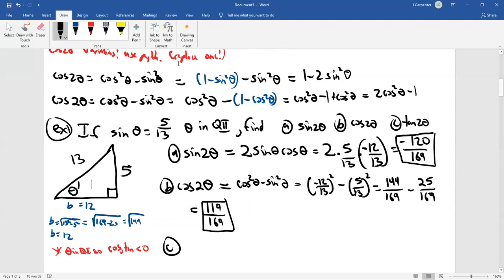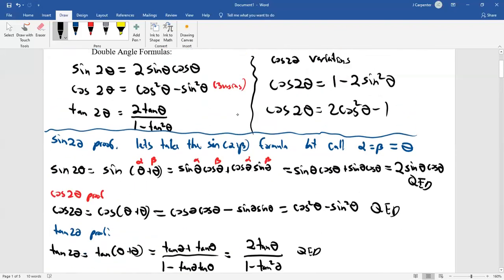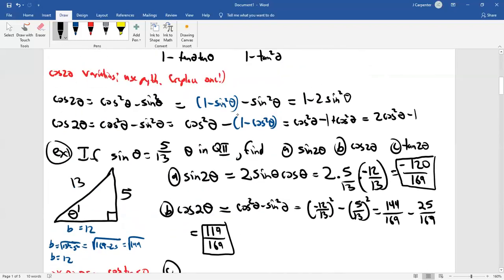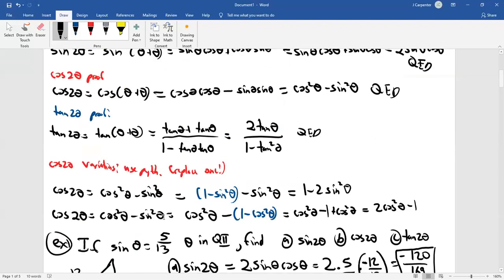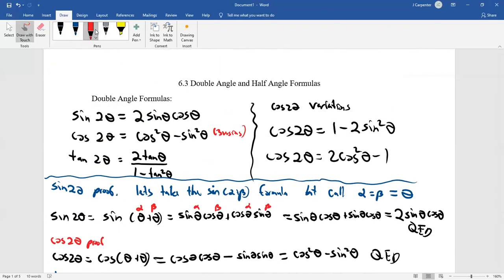Now you might say, okay, well, let's go to the tangent formula, which was 2 tangent over 1 minus tangent squared. So tangent for this problem is going to be 5/12 for the reference triangle, but we're in quadrant 2, so it's negative. So you'd be putting negative 5/12 here, and you'd be putting negative 5/12 here, which is going to be squared.